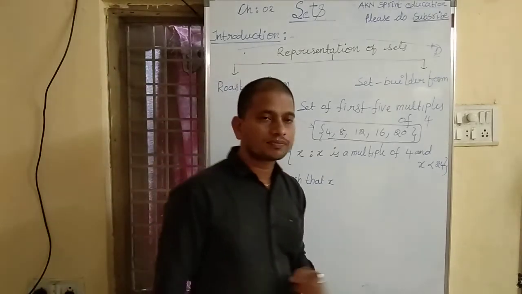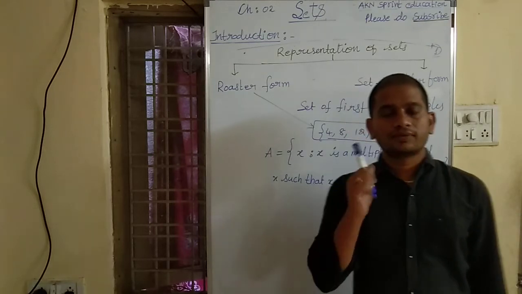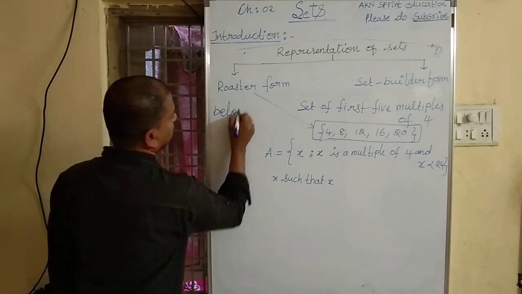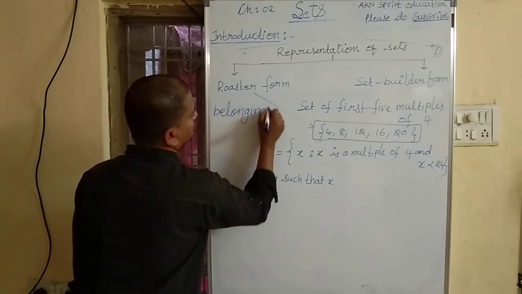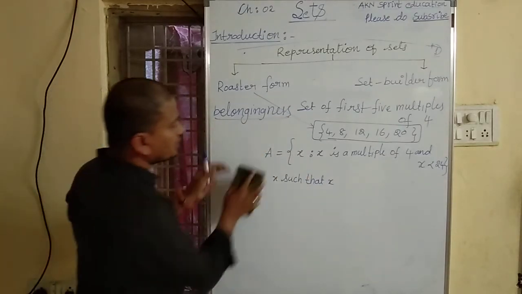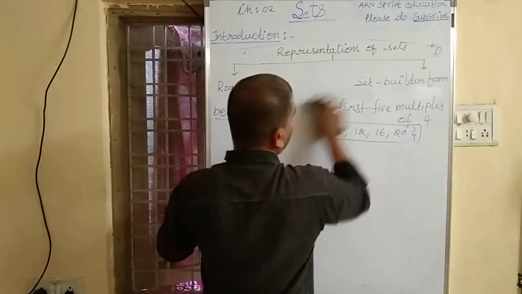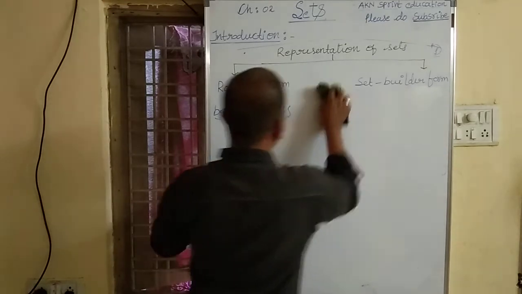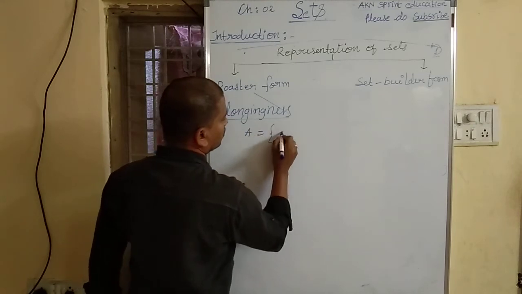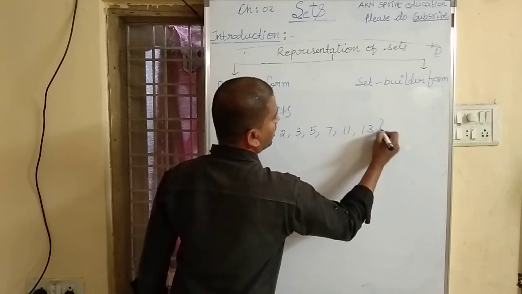Now we have to discuss the belongingness of elements in the set. Belongingness of the elements in a set. For example, set A equal to 2, 3, 5, 7, 11, 13.